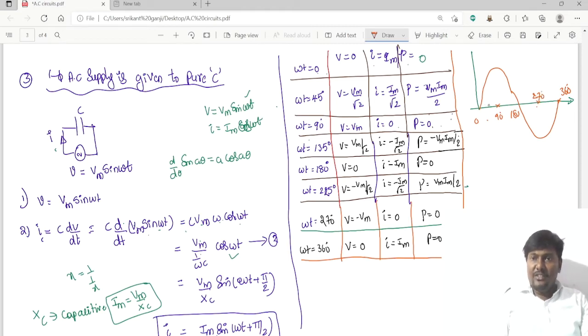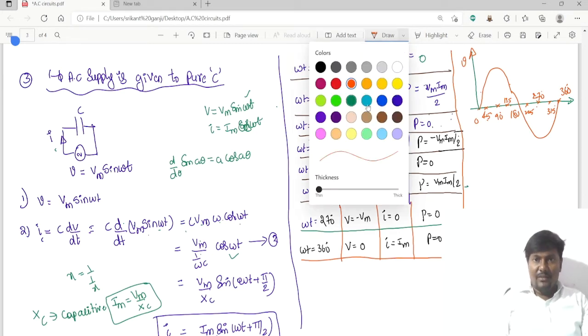In between 0 and 90 we have 45 degrees, and this is 135, 225, and this one, 270 plus 45, is 315. See, at omega t equal to 0 the magnitude is 0, at 90 it is maximum, 45 and 135 have some magnitude, and this is the sinusoidal waveform, the instantaneous value of the voltage.